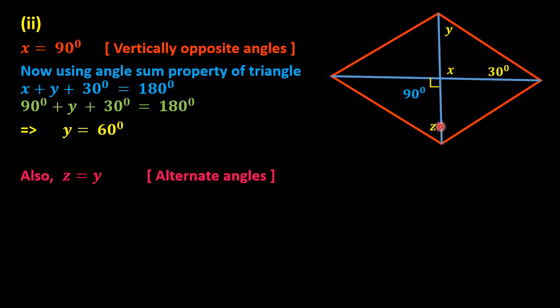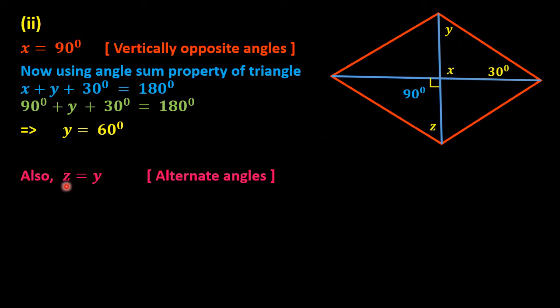Here the angle y and the z are alternate angles. And the alternate angles are also equal in measure. So whatever is the value for z, the same will be the value for y.